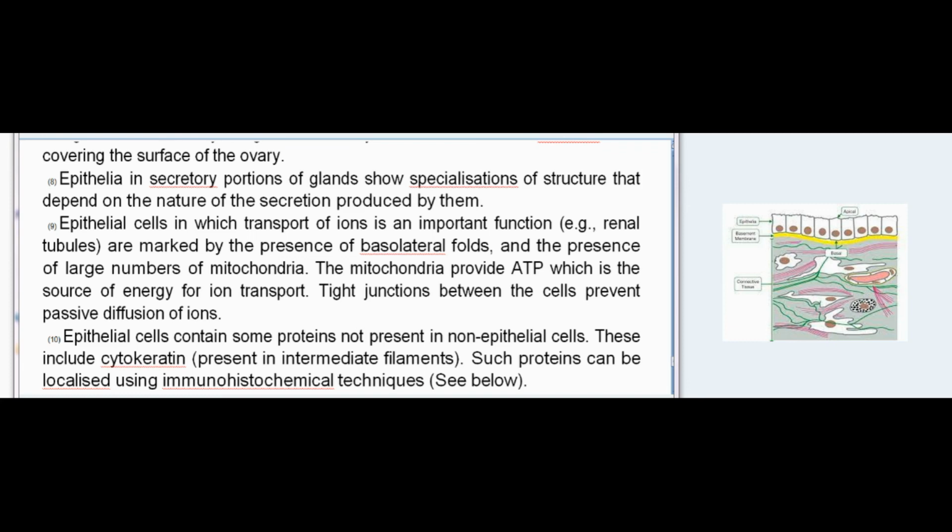Tight junctions between the cells prevent passive diffusion of ions. 10. Epithelial cells contain some proteins not present in non-epithelial cells. These include cytokeratin, present in intermediate filaments. Such proteins can be localized using immunohistochemical techniques, see below.